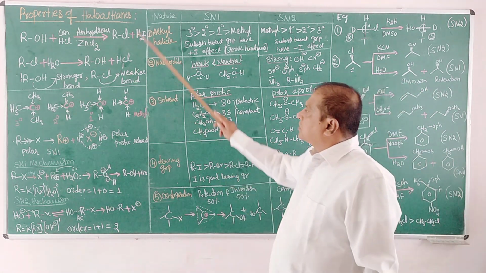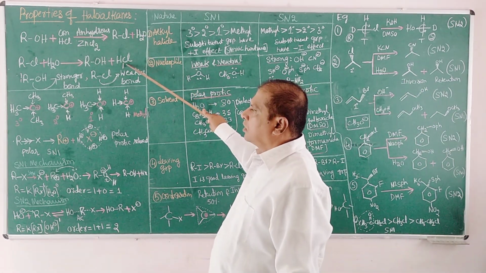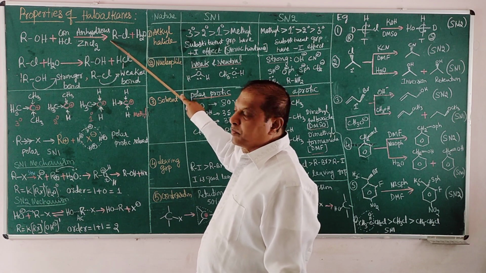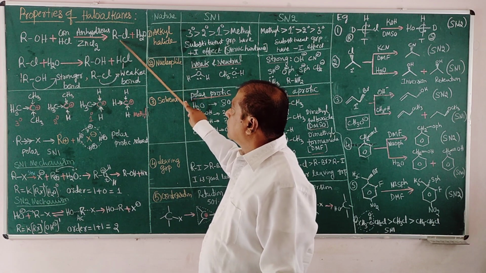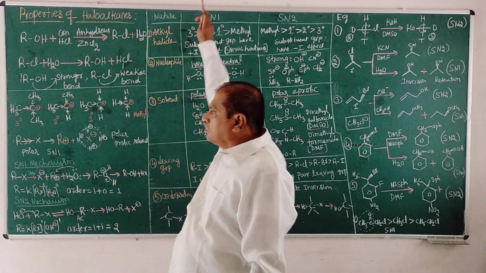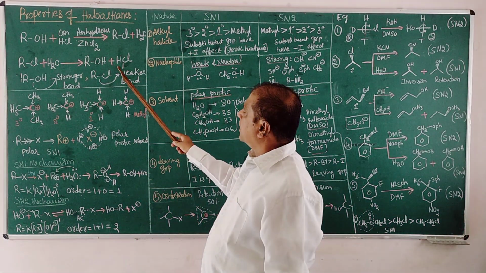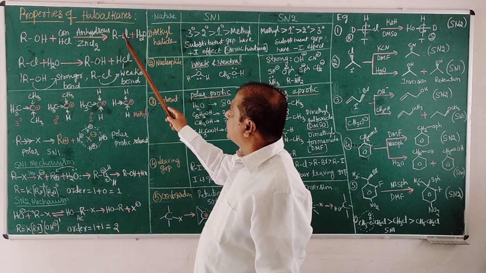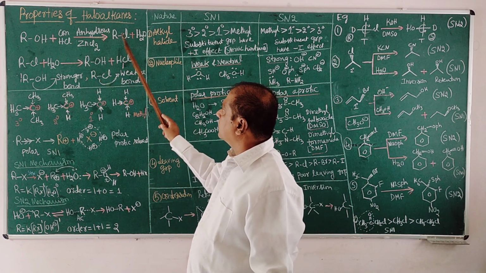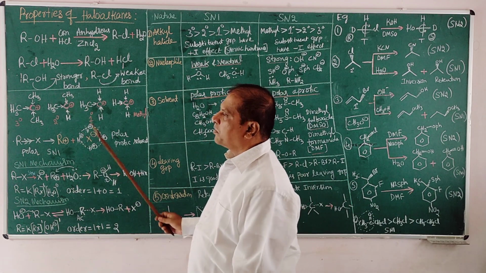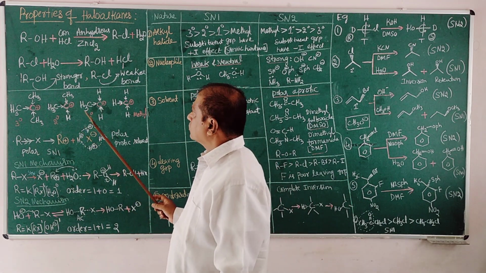Look at these reactions. This is the one we already used for the preparation of haloalkanes from alcohol. And this reaction is exactly the reverse of that reaction. Why am I taking these two reactions?